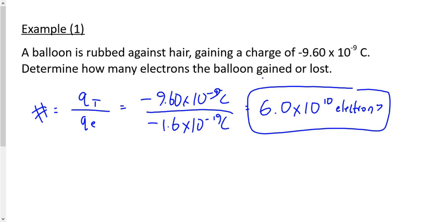Now, is it gained or lost? It's gained, yeah. If we have a negative total charge, that means we have more electrons than protons, which must mean we have gained electrons. Does that make sense?